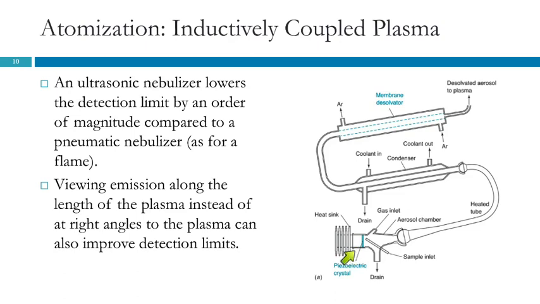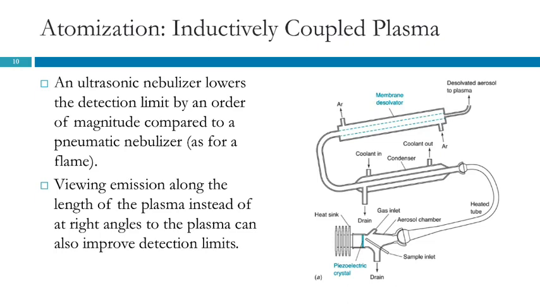It uses an oscillating piezoelectric crystal here to vaporize the sample, and then it goes through a series of heated tubes and cooled tubes and a membrane desolvator. And when it comes out the end, we've removed all of the solvent, and we have very small solid particles of the sample. So that can get a better detection limit.